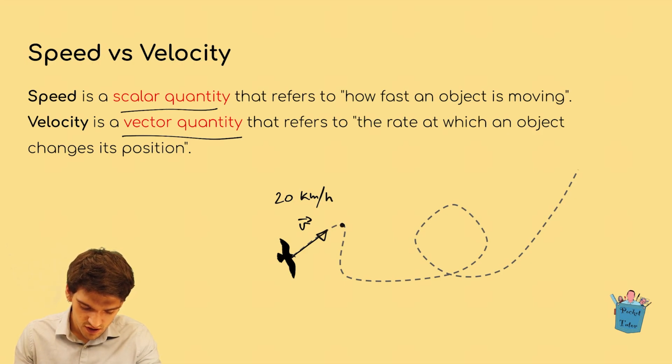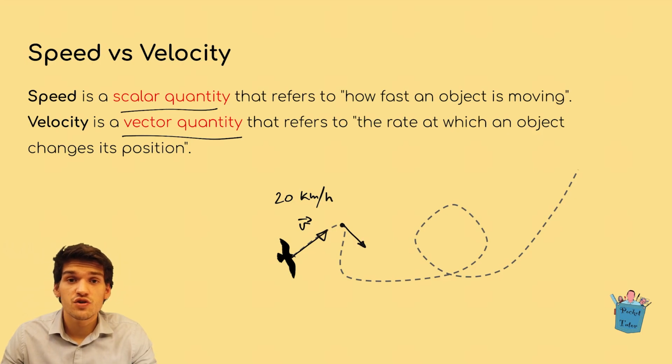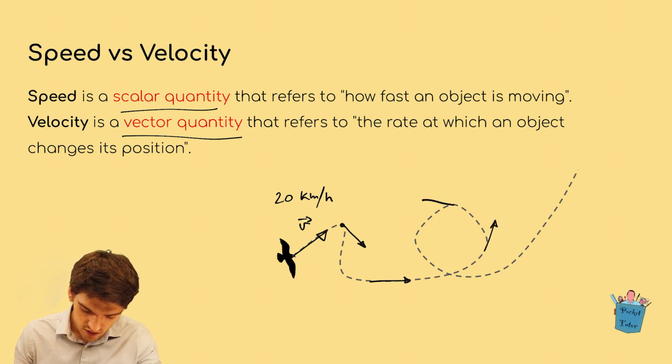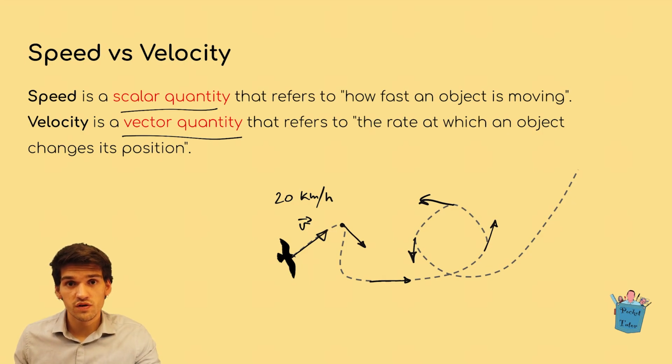Once it moves to this point here, its velocity will change direction, even though the intensity is the same, because the speed describes the intensity of the vector velocity. The vector velocity is changing continuously along all this path that the bird is following. So, as you can see, the vector is always changing direction during all the flight.